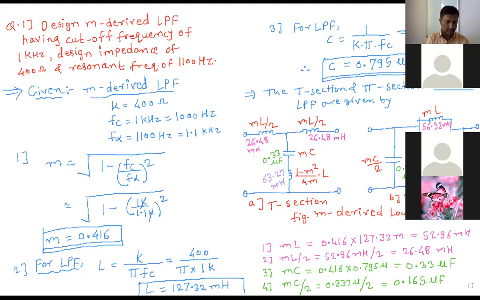Anyone got the answer? No one has calculated?